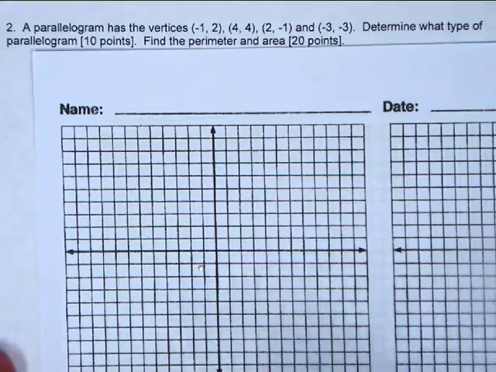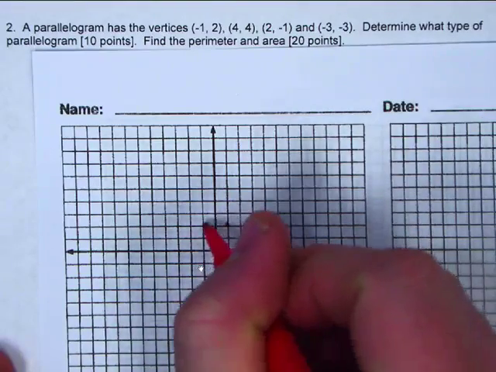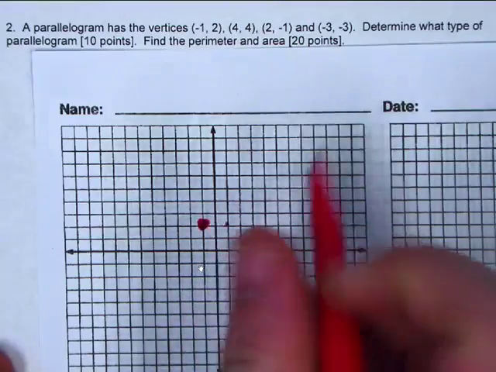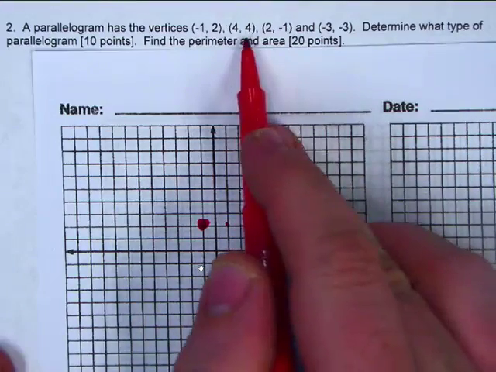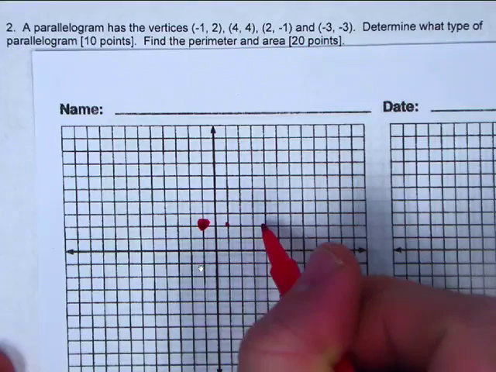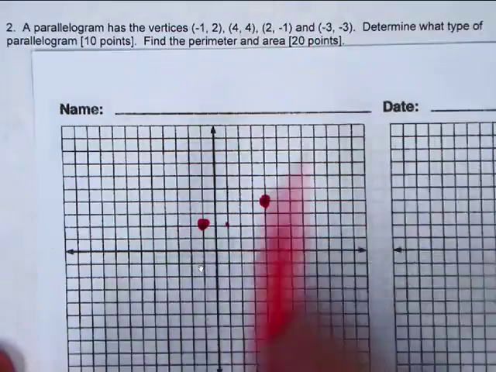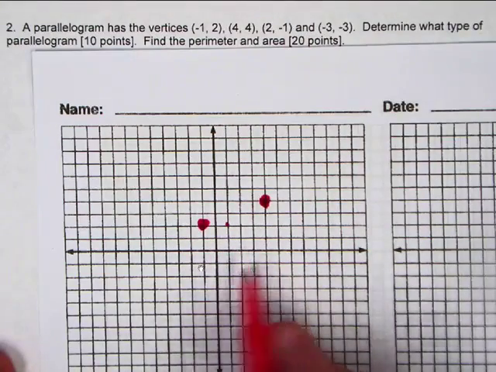Our first point is negative 1, 2. I didn't see the negative. Then 4, 4: 1, 2, 3, 4 across and up. Then 2, negative 1.